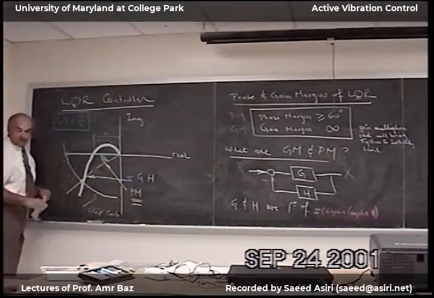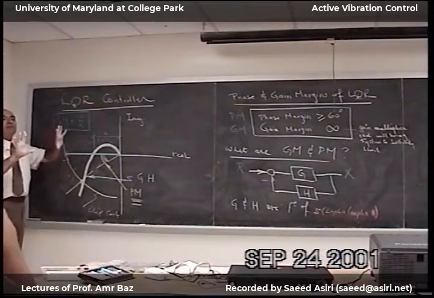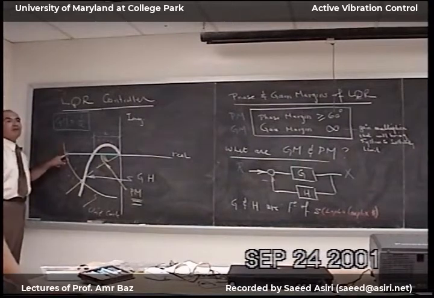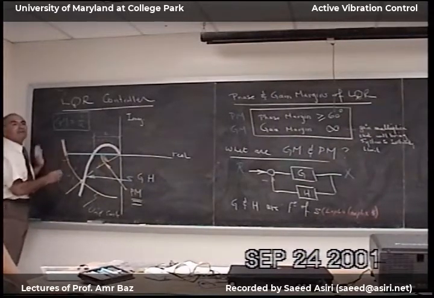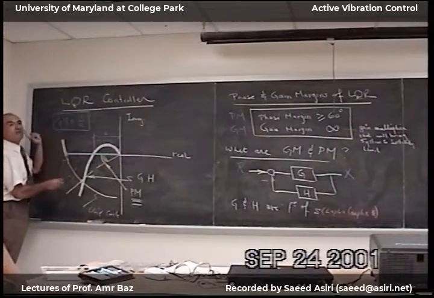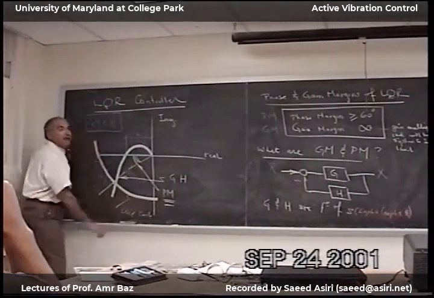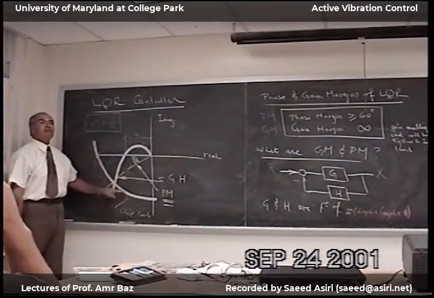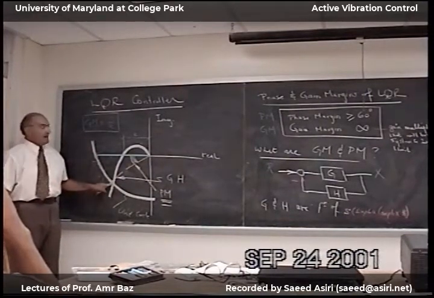I want to give this system the maximum gain possible that will just make me unstable, which means that I have to have the amplitude of unity. Now I want to see how much is the phase. So the unit circle is the locus of all points that have the maximum amplitude of 1. Now when these two lines intersect, that would be my operating frequency.